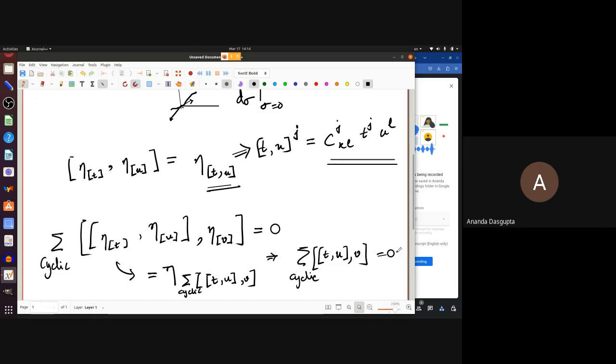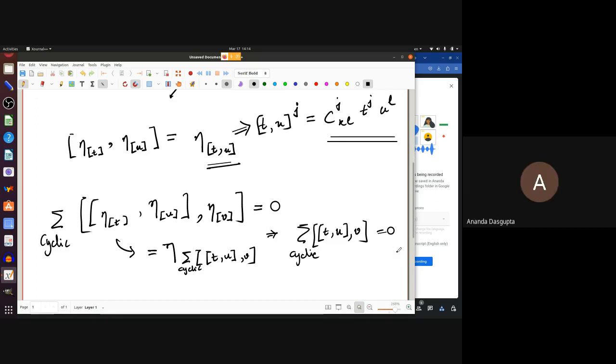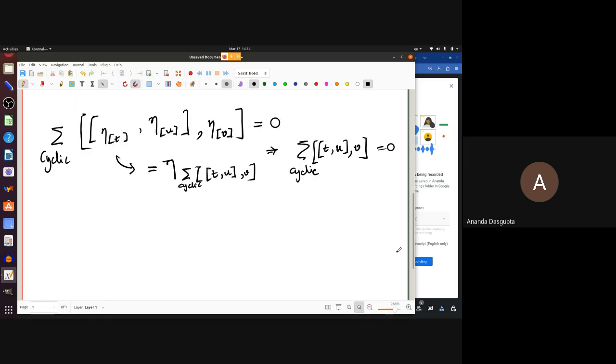Is it okay with you, all of you? Yes, sir. And either from the original Lie brackets or from the fact that this TUV bracket obeys this cyclic sum equal to 0, you immediately get a condition: the structure constants cannot be completely arbitrary.